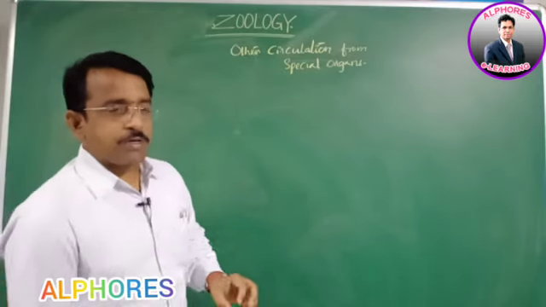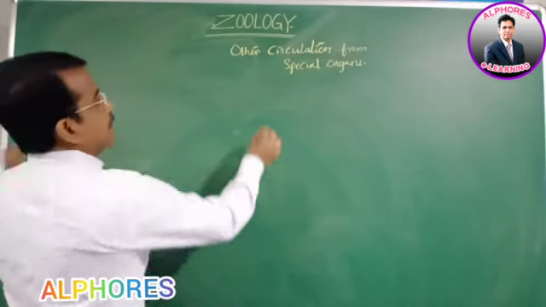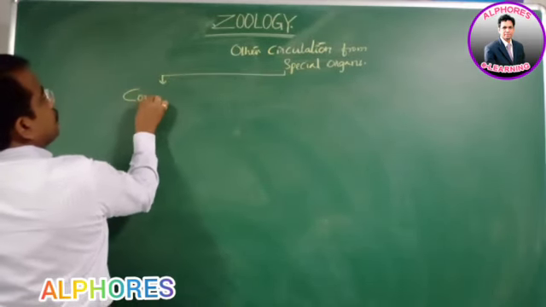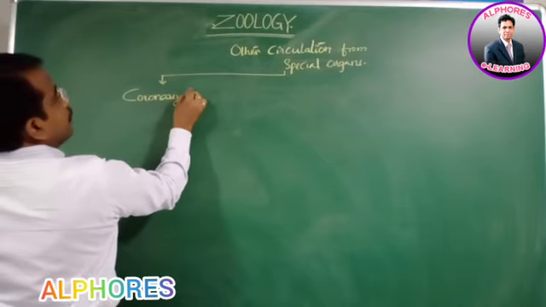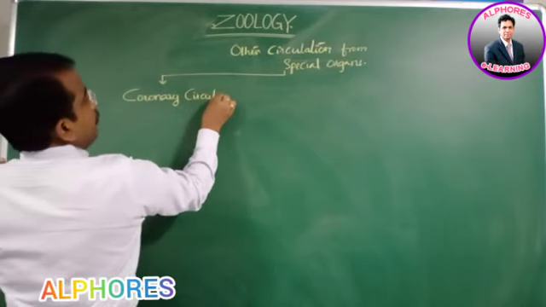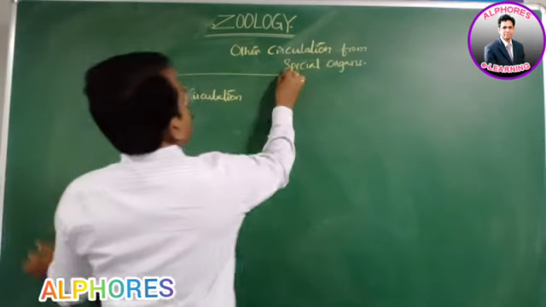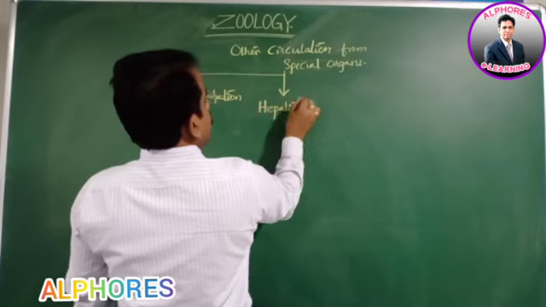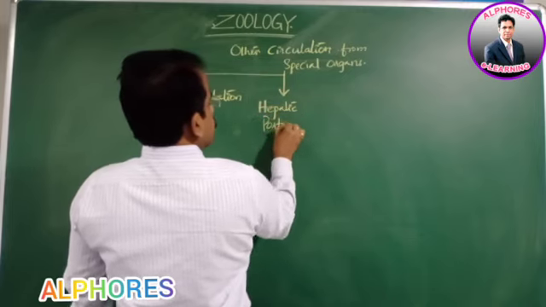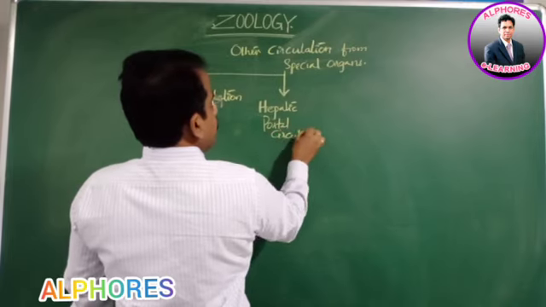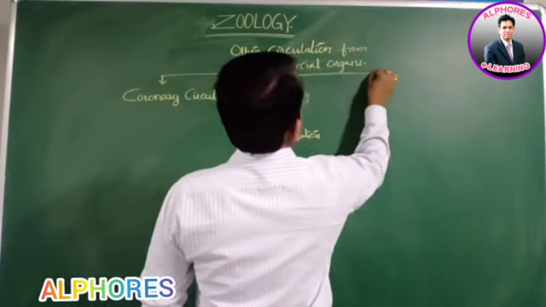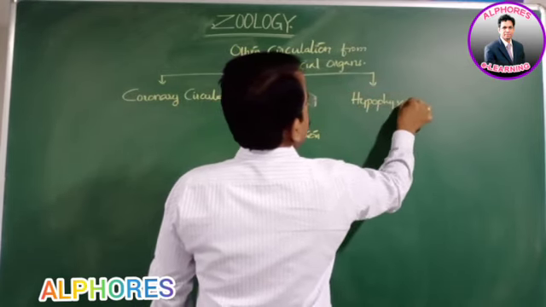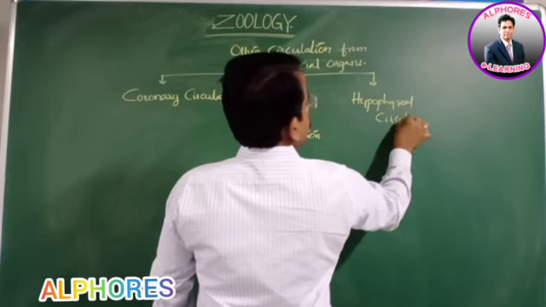This includes the coronary circulation, the hepatic portal circulation, and hypophyseal circulation.